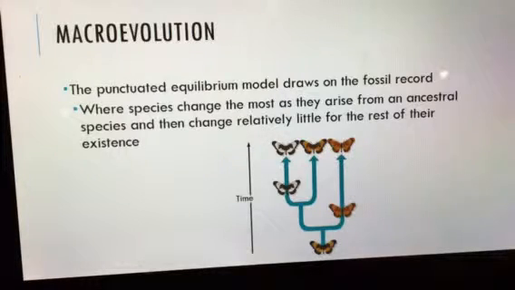Most models for the timing of evolution will show this punctuated equilibrium. And this is what best supports the fossil record and is more commonly accepted than gradualism. Nobody believes things just change steadily over time without any disruption in them.